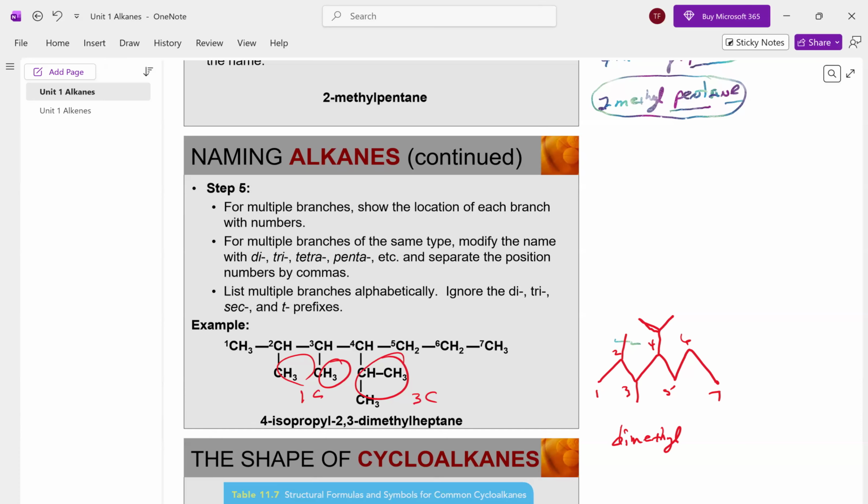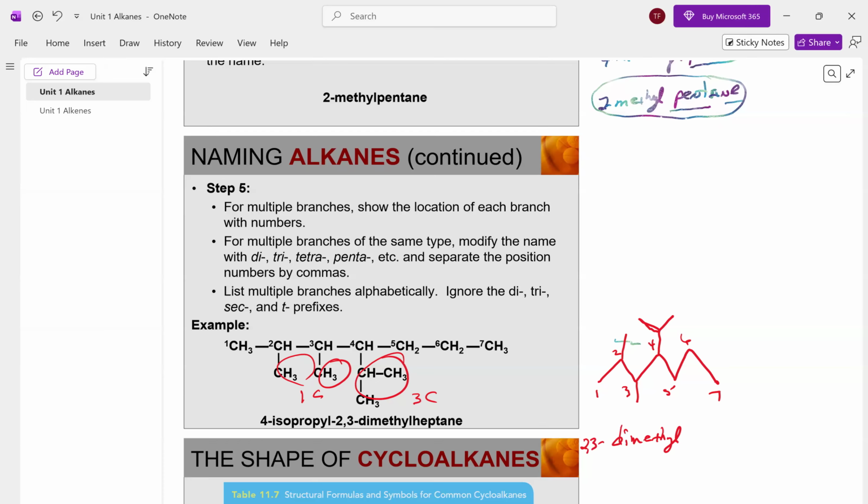We have to identify what carbons the branches take off from. In this case, it's going to be 2, 3. We've got a 3 carbon one, and this is going to be the snake branch, isopropyl.